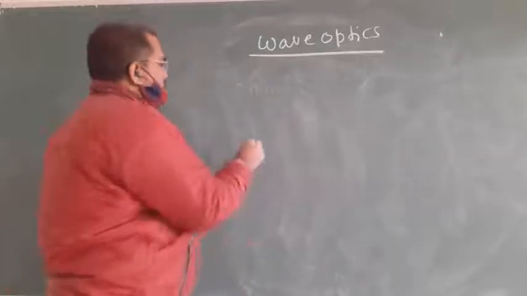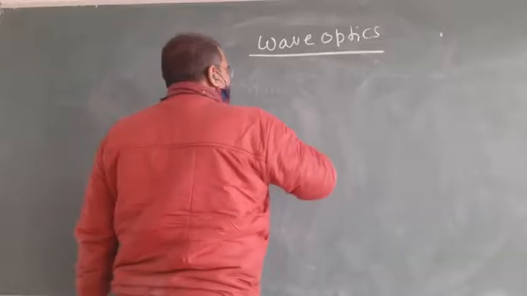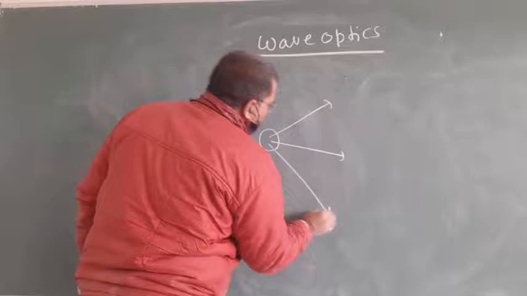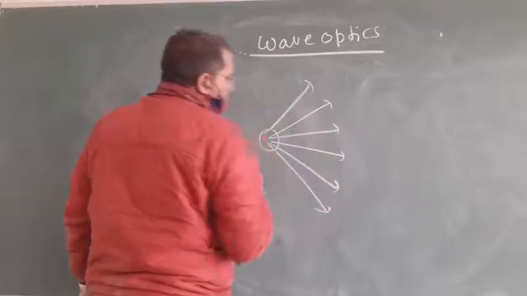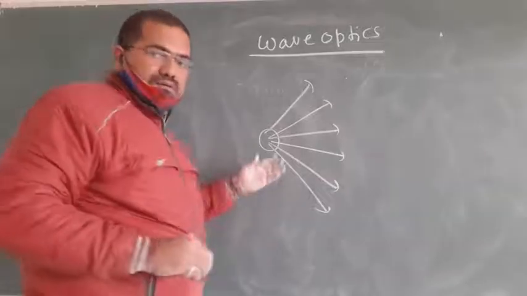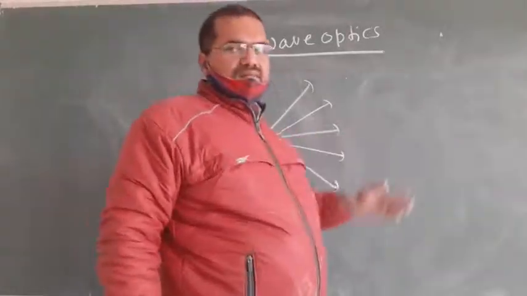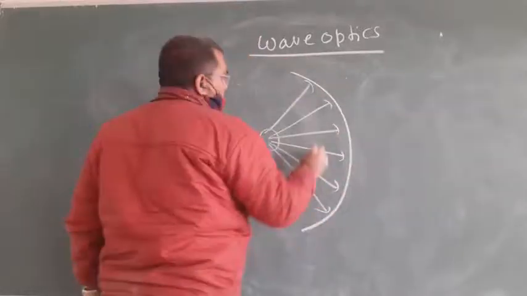Like this is a point source, and light rays emerge from the point source outward. So for point source, we take only the forward direction. So for line source, wavefront is like that.